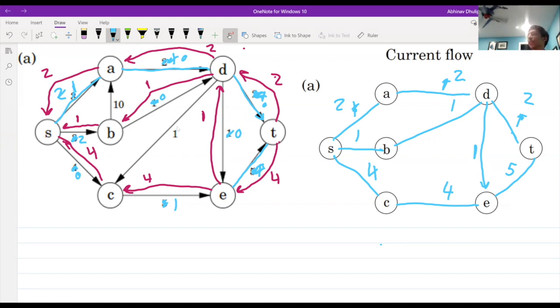So yeah, you can see here, I think this would be the cut we could draw.